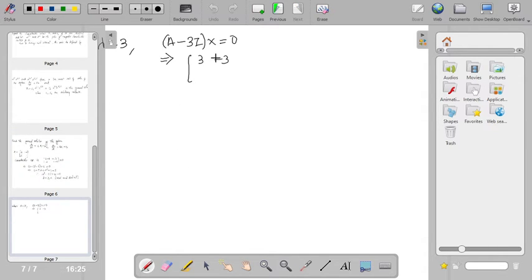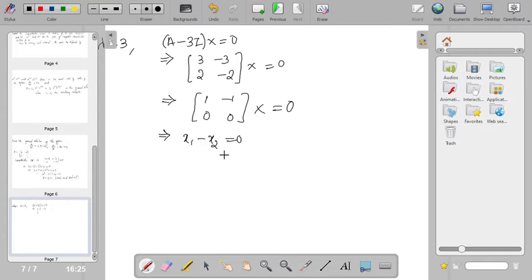So it will be the matrix 3, minus 3, 2, minus 2 times x equal to 0. The two rows are multiples of one another. When you row reduce, you will get the equivalent form 1, minus 1, 0, 0 times x equal to 0. That implies x1 minus x2 is equal to 0. Let us put x2 equal to t. Therefore x1 is also equal to t.